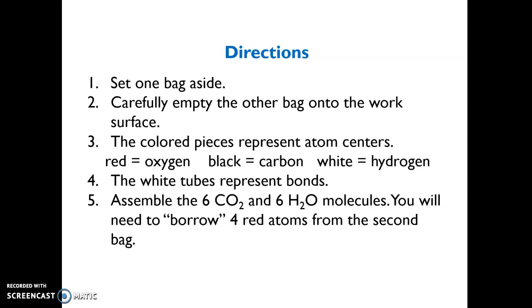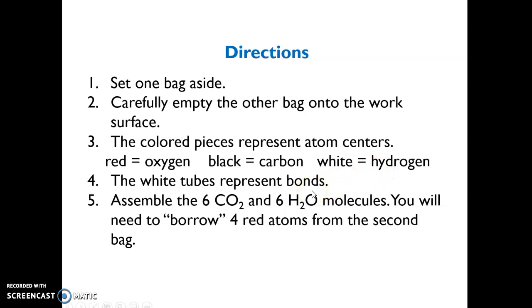It looks like a little red plastic circle, and it has 2 prongs on it. And the black pieces represent carbon. Again, that looks like a little carbon ball with 4 prongs on that. And then the white plastic piece, the little plastic hard piece that's not bendable, represents the hydrogen atom, and it has 1 prong where it can bind with other atoms.